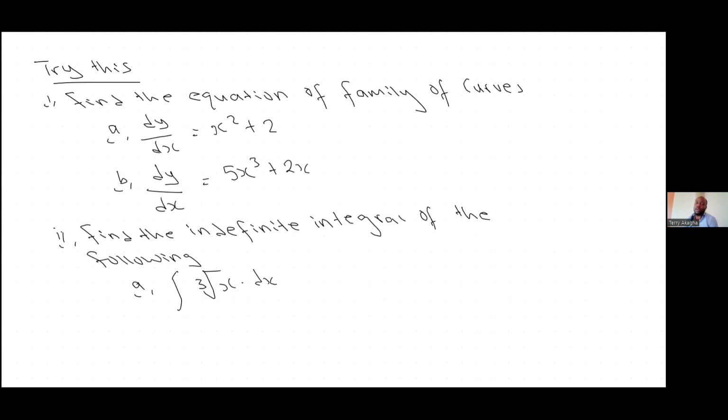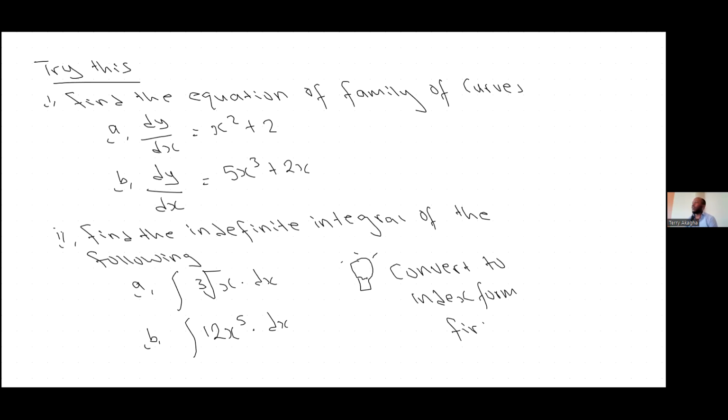Or we were told to integrate 12x raised to the power of 5 dx. So one of the tips I can tell you for this one, okay? Make sure you convert to index form first. And that is it. So for this question, make sure you convert to the index form first before you start solving. And for this, you can just go straight and solve because it's already in index form.